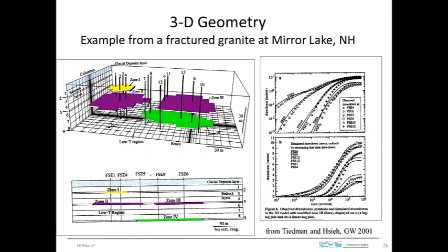So one thing that has been recognized is that the fracture geometry, or the type of fracture networks that form in these crystalline rocks, like the ones around here, tend to form zones.